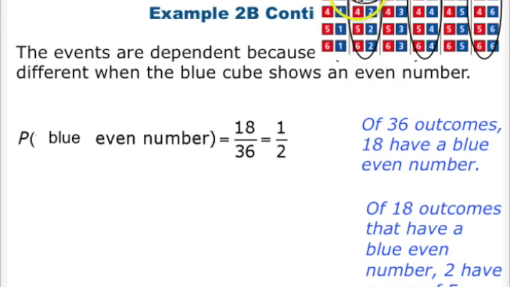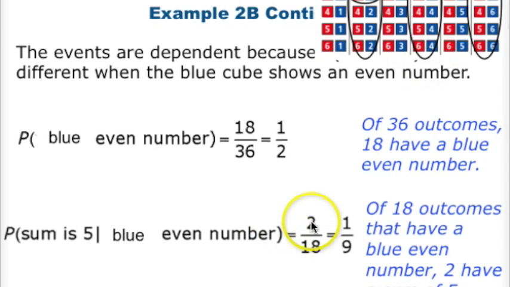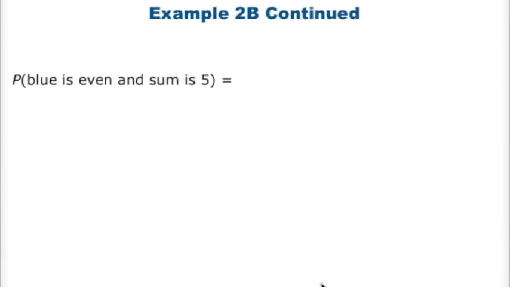Either a 3 and a 2 or a 1 and a 4, and those are the only two within what I've circled that add to 5. So that's 2 out of the 18 circled. So the probability that the sum is 5, given a blue even number, is 2 out of 18, or 1/9.